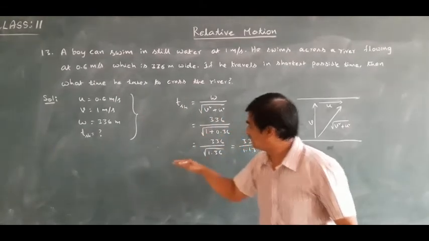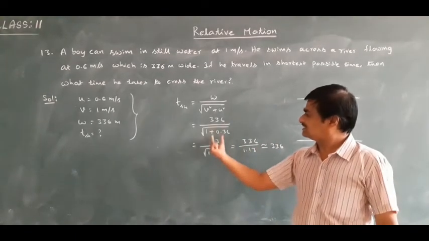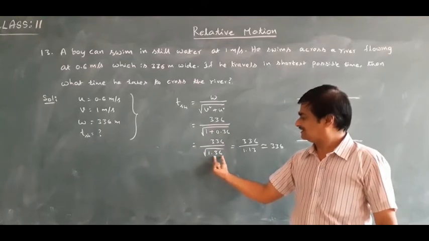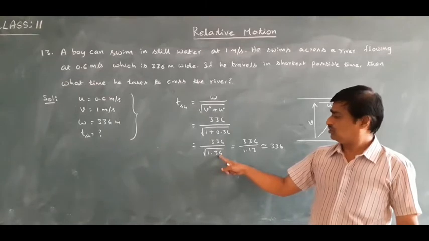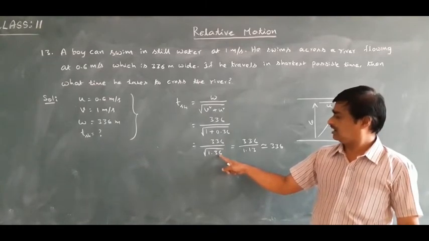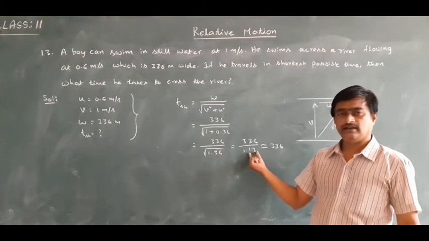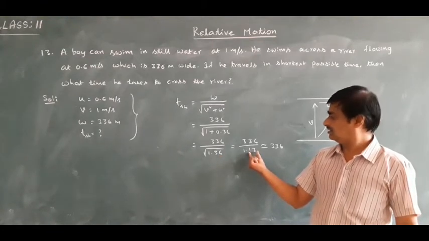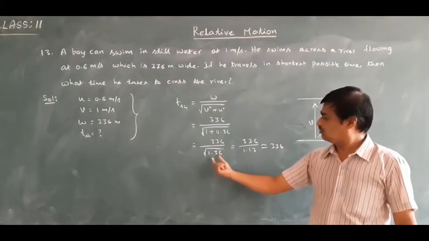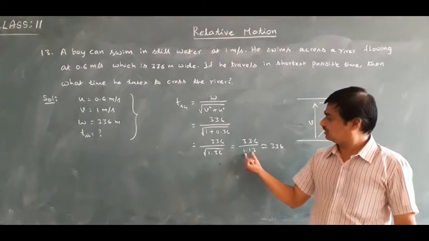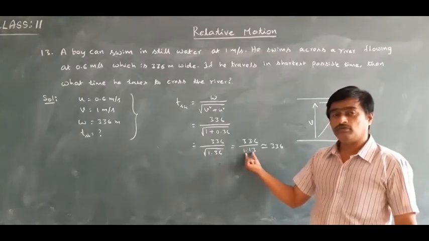Then substituting these values, we come across 336 by root of 1.36. We know 1.2 squared is 1.44. This is between 1.1 and 1.2.